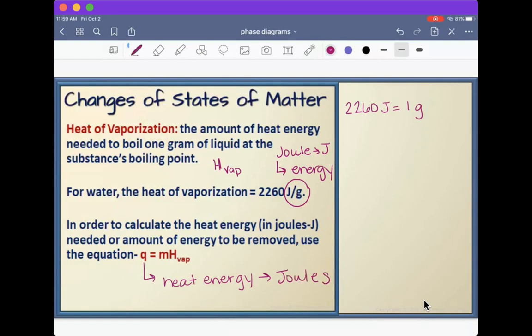The M stands for your mass in grams, and then the heat of vaporization, which is going to be a given. It is your conversion factor, and it is specific to the substance you are analyzing.